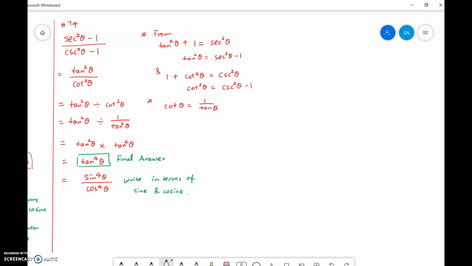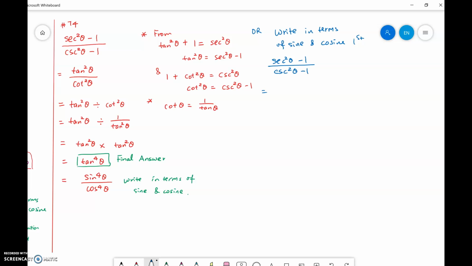If you feel like you do not want to use the identities, you want to just follow the instruction and write it directly in terms of sine and cosine, you can do it. So I'm going to redo it. If I'm just going to do sine and cosine, I started with secant squared theta minus 1 over cosecant squared theta minus 1.